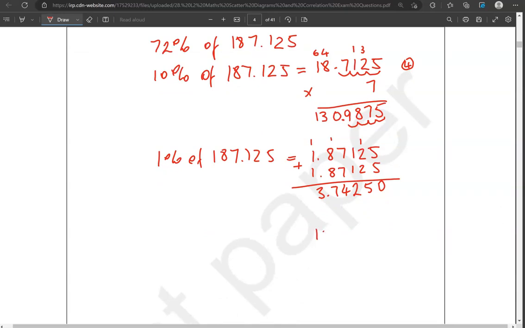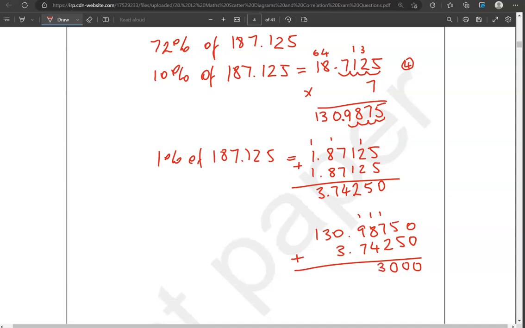So 130.9875 plus 3.74250. So we have 5 and 5, which is 10, 0 down, 1 carried over. 7 and 2, 9, and the 1 gives us 10. So 0 down, 1 carried over. 8 and 4 is 12, and the 1 is 13.